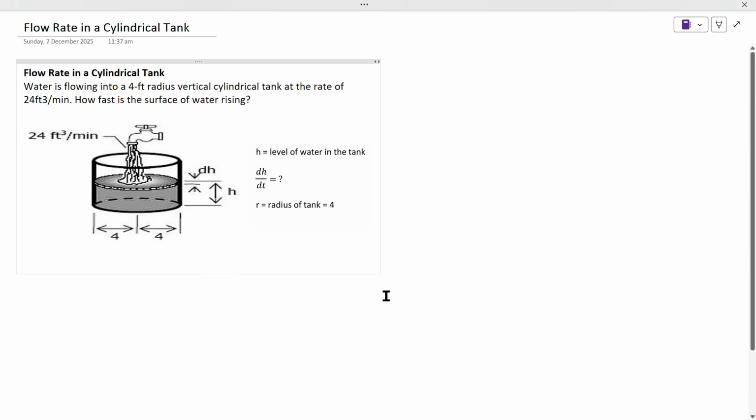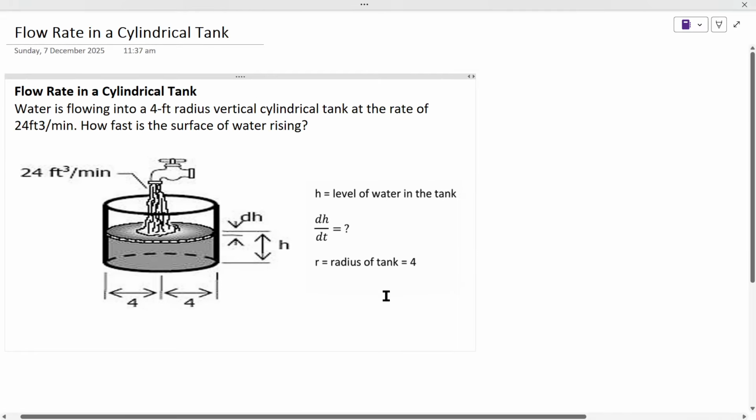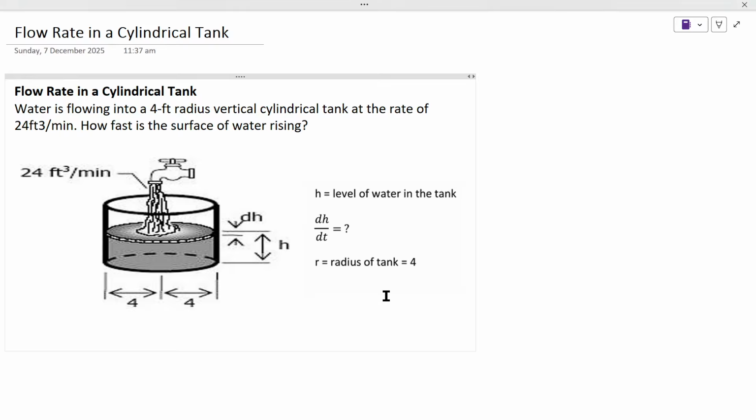Now let's have an example here. Let's try to solve this problem related to flow rate in a cylindrical tank. We have water flowing into a 4 feet radius vertical cylindrical tank at the rate of 24 cubic feet per minute.